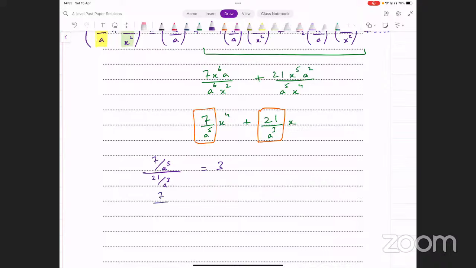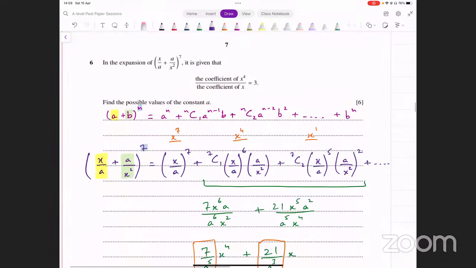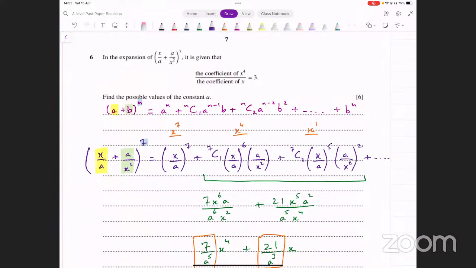That gives you 7 over a raised to power 5 equals 3 into 21 over a cube. ठीक है, अब a is a constant. आपको पता है a की वैल्यू 0 तो हो नहीं सकती. देखिए यहाँ पे a डिनोमिनेटर में आ रहा है, 0 नहीं हो सकता, तो आप कैंसिलेशन कर सकते हैं यहाँ पे.